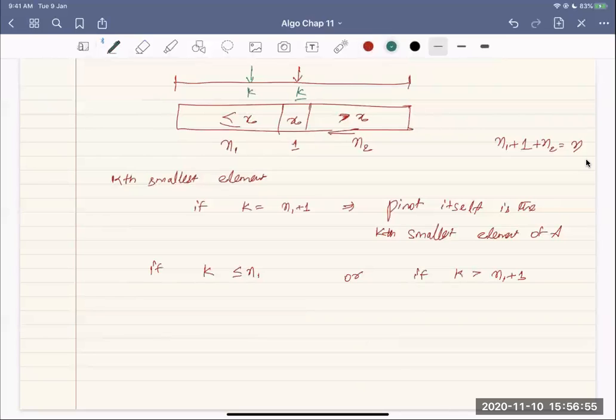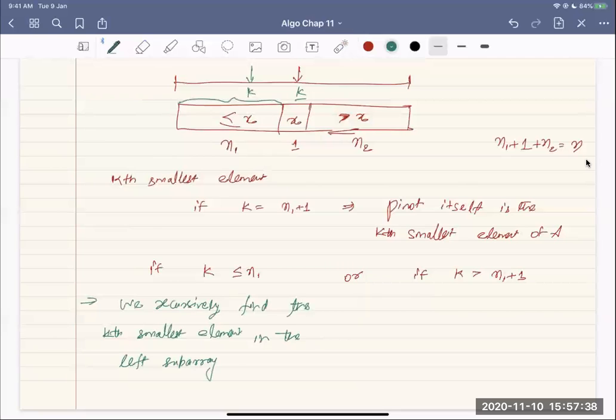You would say that my element would lie in this subarray only. And I don't need this array anymore. So if k is less than or equal to n1, we recursively find the kth smallest element in the left subarray.